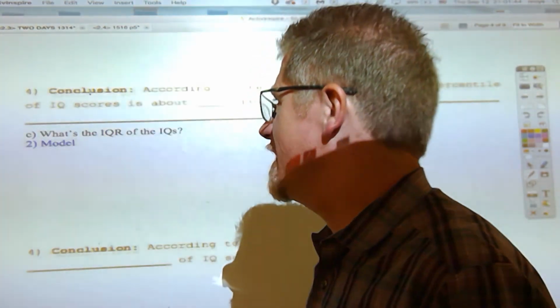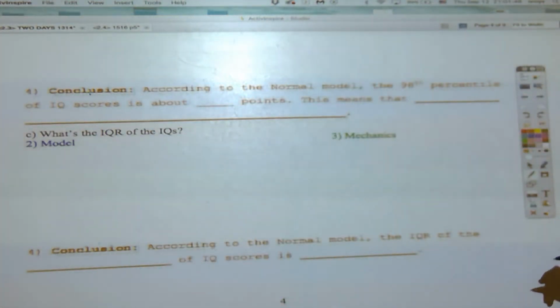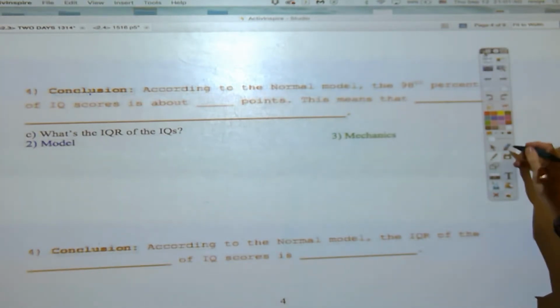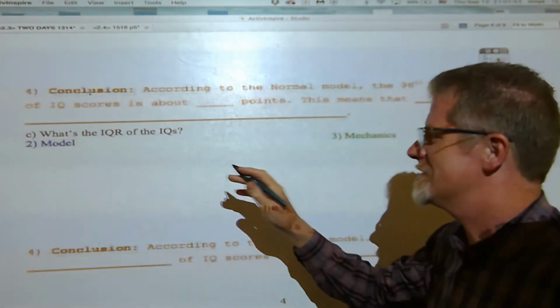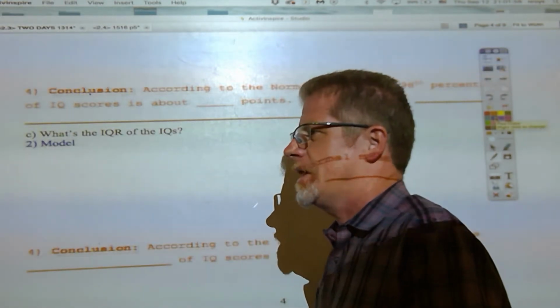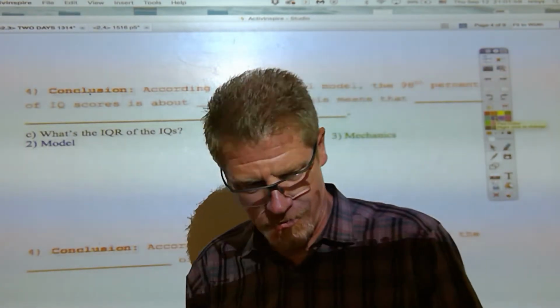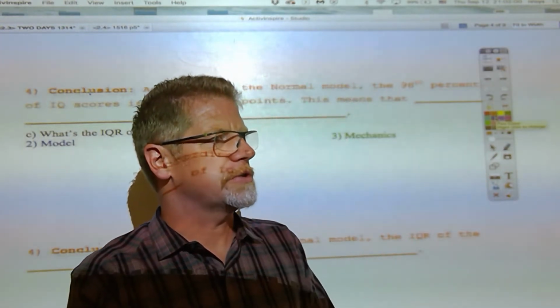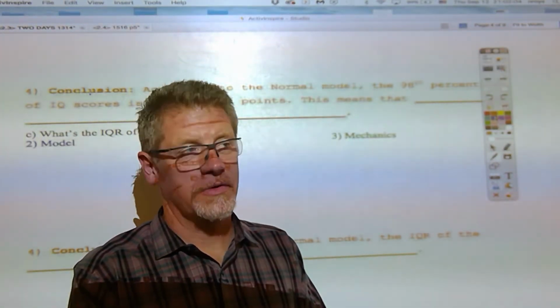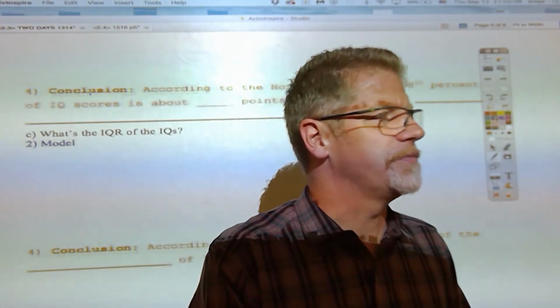You're just trying to talk in such a way that you're hoping no one will understand what you're saying. The IQR of the IQs, so clever. The authors of our textbook, by the way, are named Bock, Velleman, and De Veaux. It's probably Bock that came up with that one.